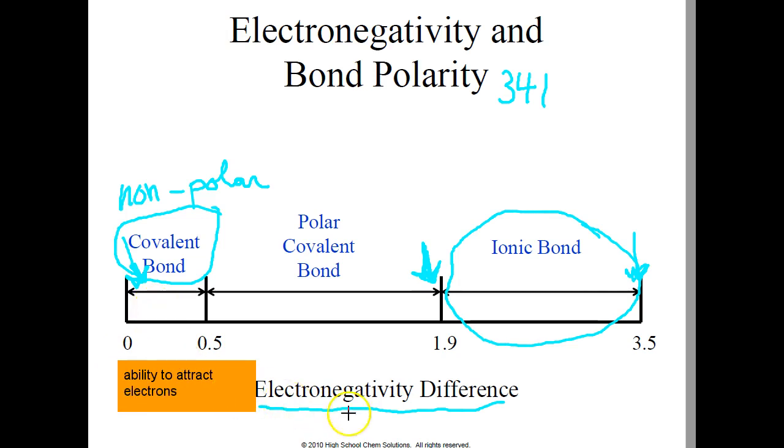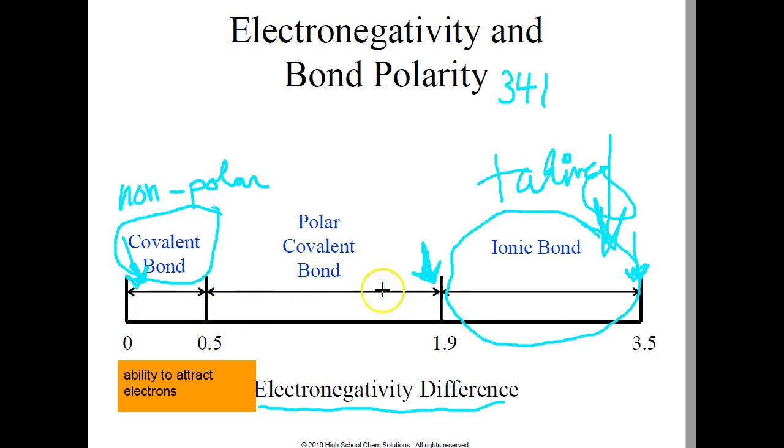So if two elements have a big electronegativity difference, like we see over here, then one of the elements is going to take the electron. So here we're taking the electron. Okay?